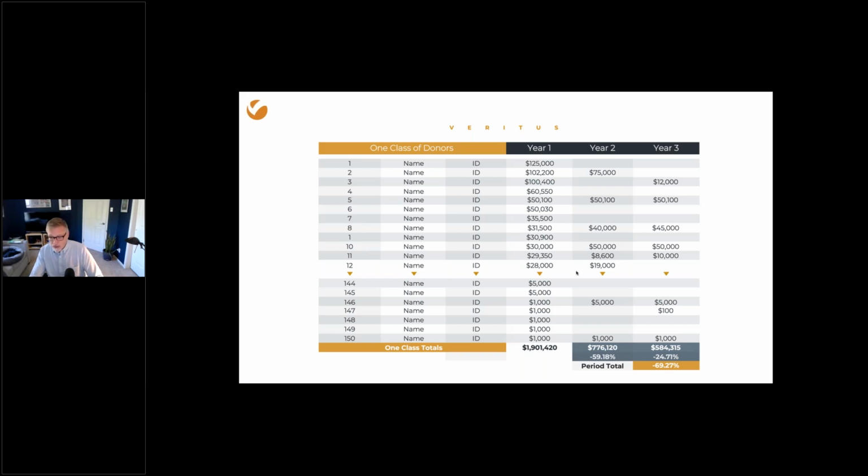And then the year after that, down to $584,000. So in just 3 years, the donors went from $1.9 million to $584,000 in revenue. The same donors lost almost 70% of their value over that time period. 70%. That's donor value attrition over a whole caseload.